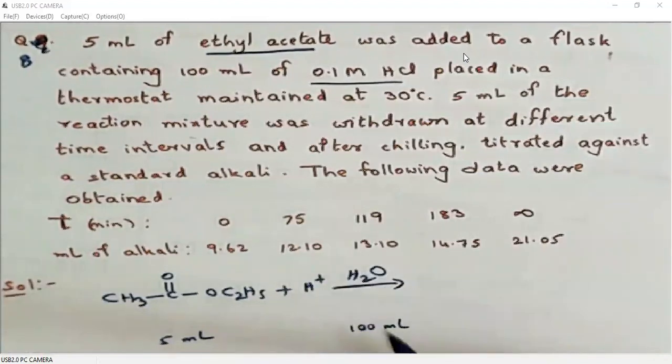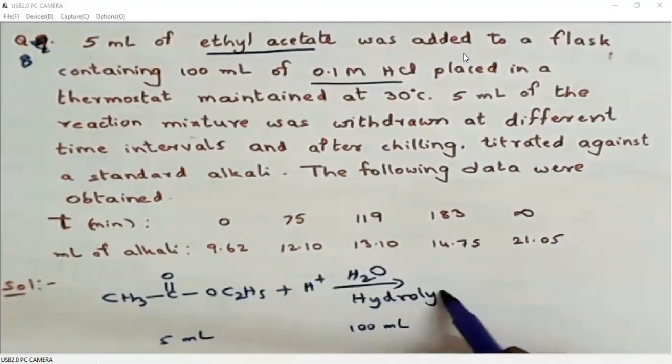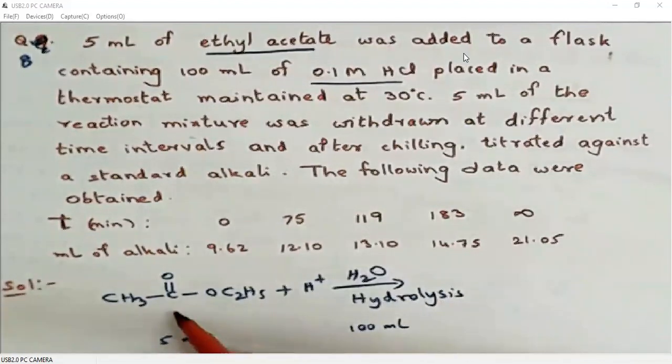When we do this hydrolysis, acidic hydrolysis, what is the product? Water gets added across this ester bond. So water OH will be added to carbonyl carbon and hydrogen of H2O will be added to oxygen. So we will be breaking this bond.